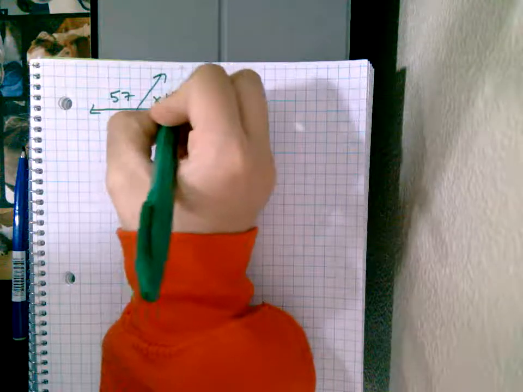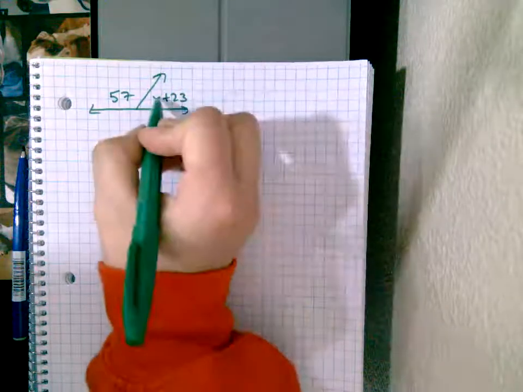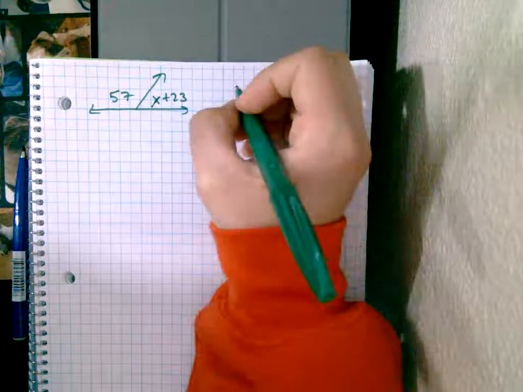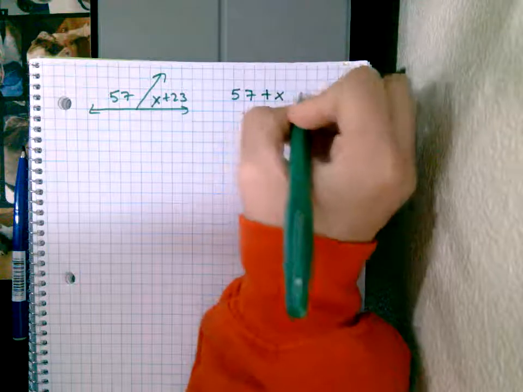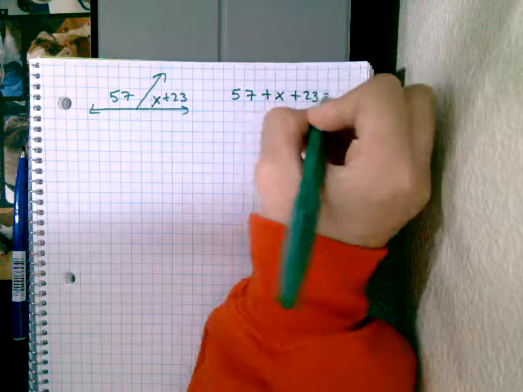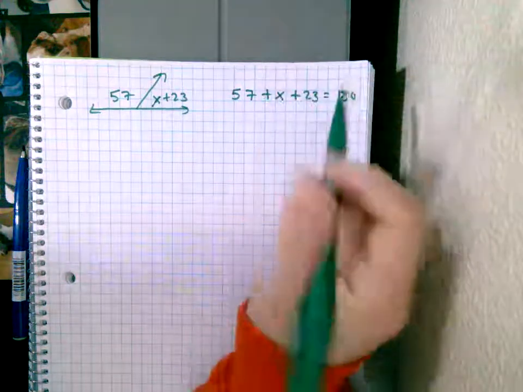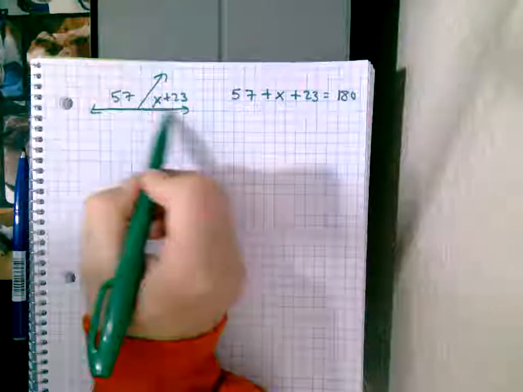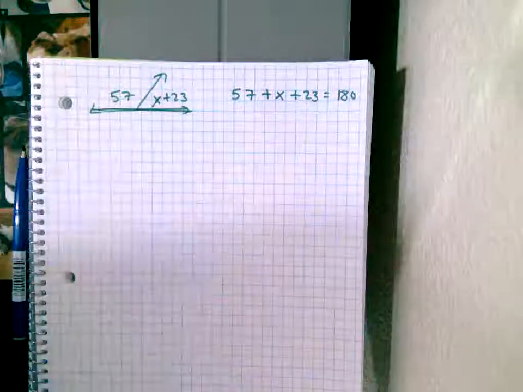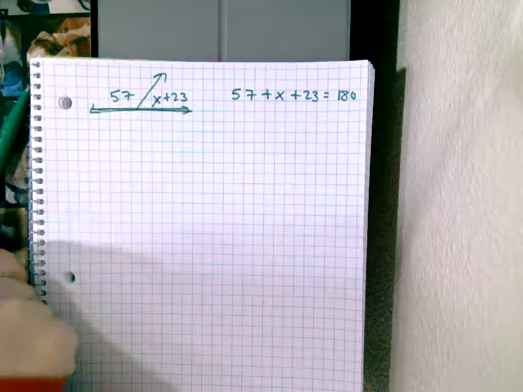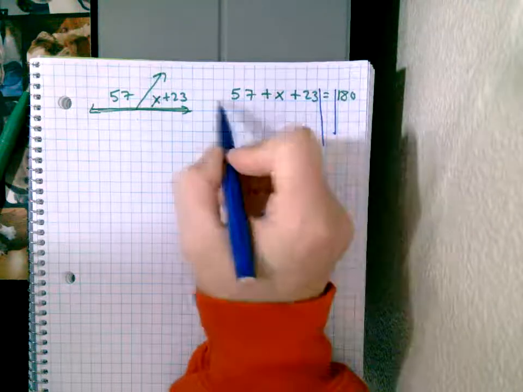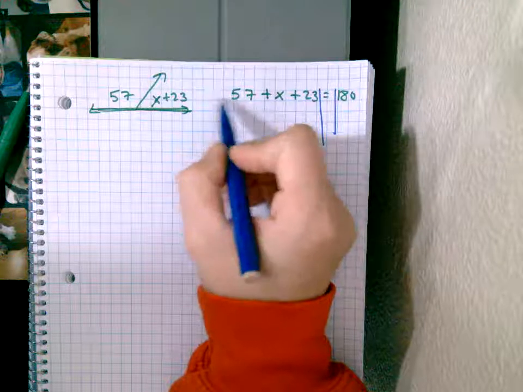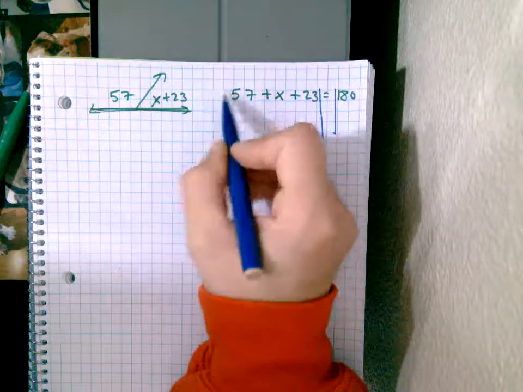57 and x plus 23. If it's 57 plus x plus 23, all equals 180, right? It's 180 because it's a straight line. Now, do you see how it's plus 23 and there's nothing in front of the 57, right? There's no minus there.